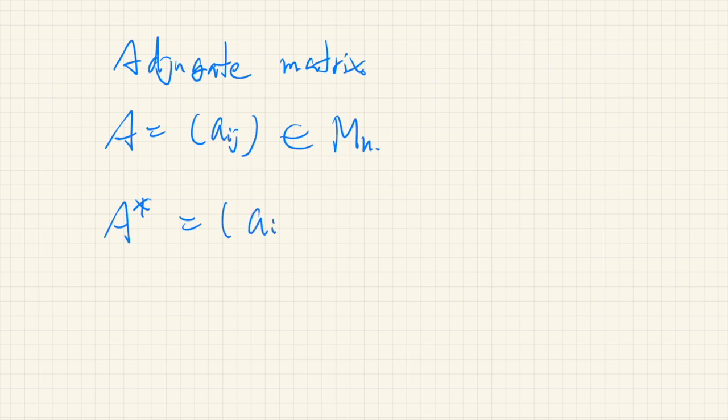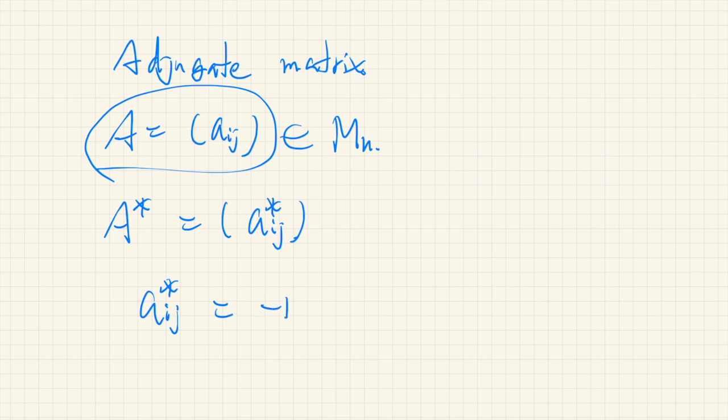Its elements are Aij star, and Aij star for a given matrix A is defined as this. So negative 1 to the power of i plus j, where i and j are the indices.